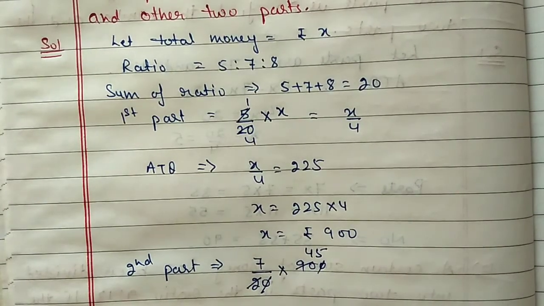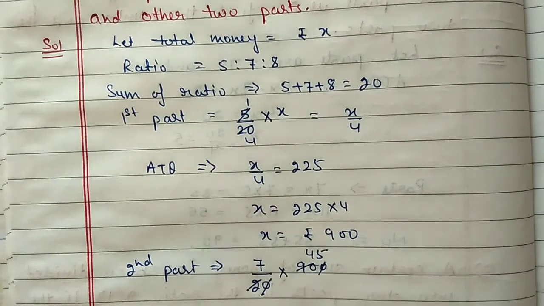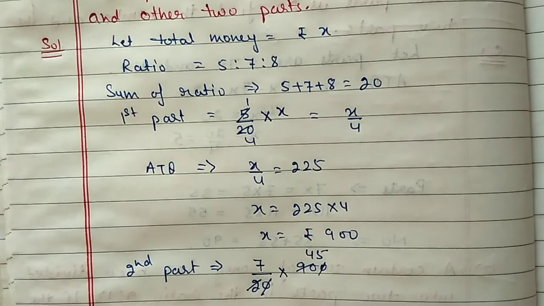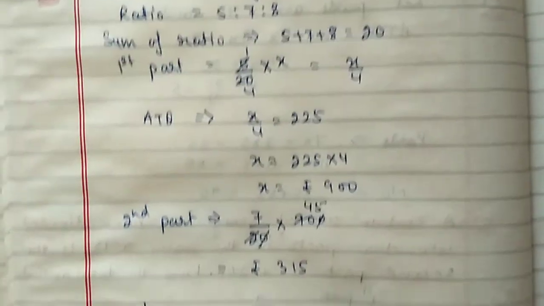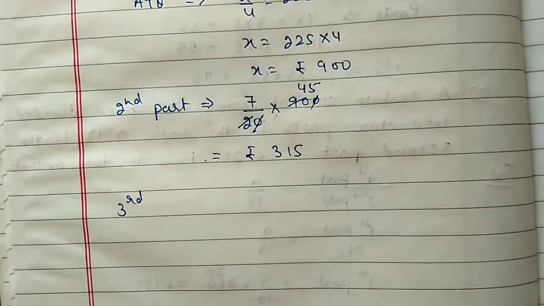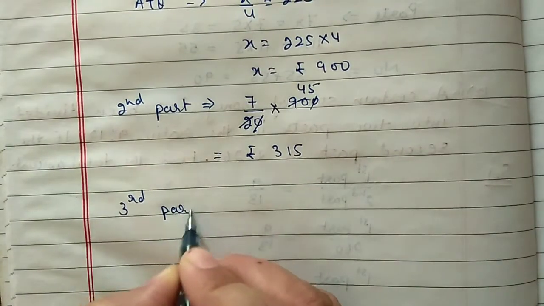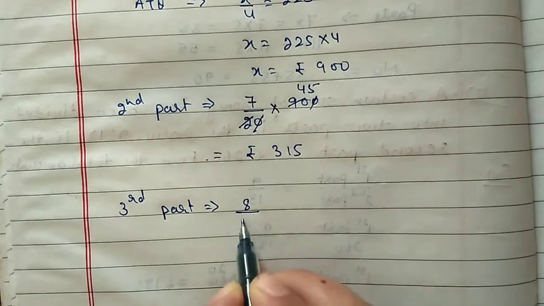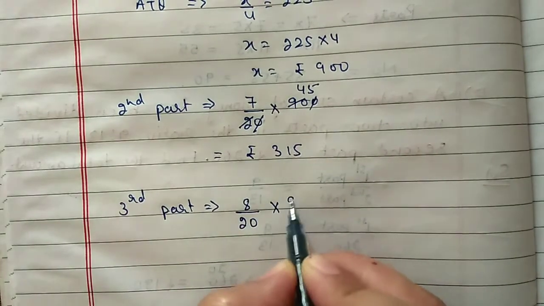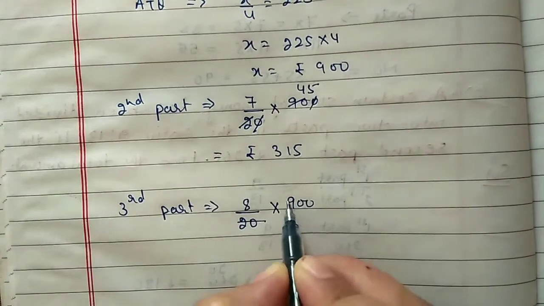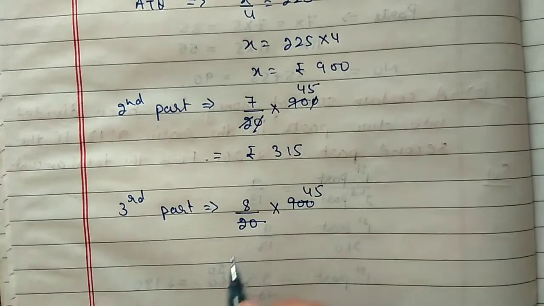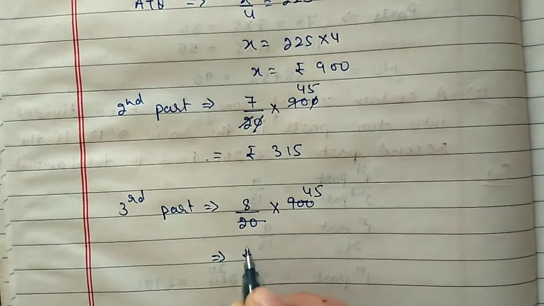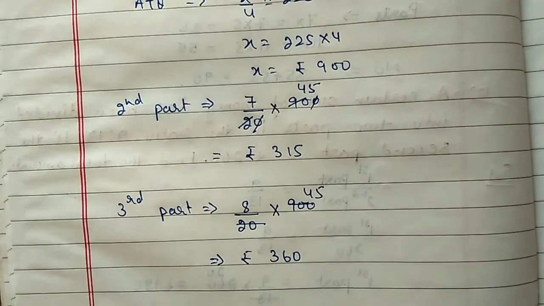After multiplication you will get 315 rupees. Similarly we can find out the third part also. The third ratio is 8 divided by the sum of the ratio, into the total money. From 20 you can cancel it, it will go 45 times. 8 into 45, 360 rupees.